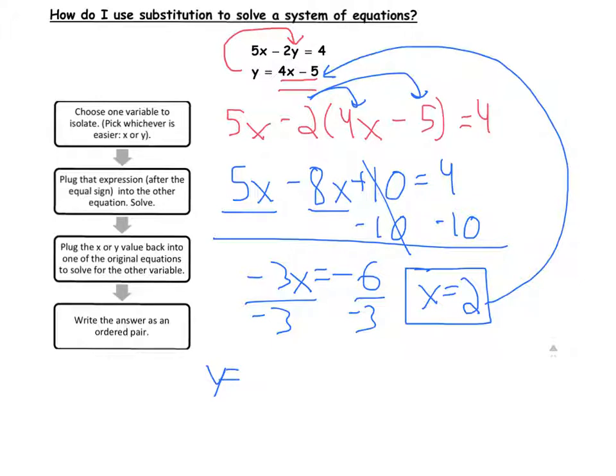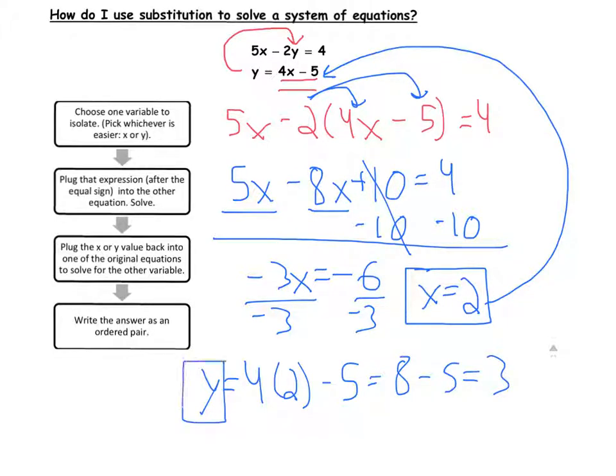So y is going to equal, whoops, let me rewrite that. Y is going to equal 4 times 2 minus 5. 4 times 2 is 8. Minus 5 is 3. So y is equal to 3.